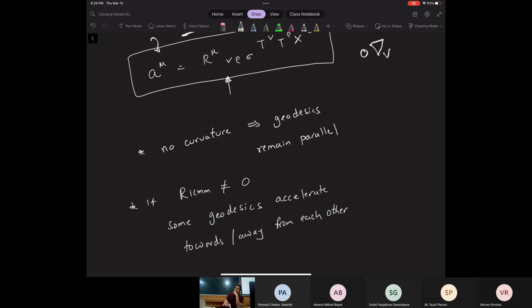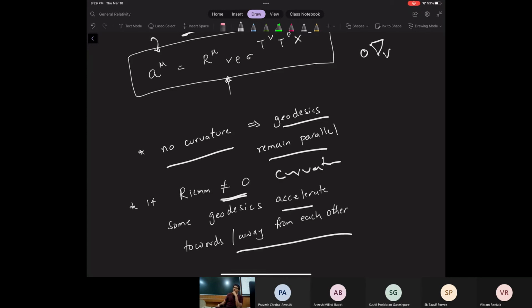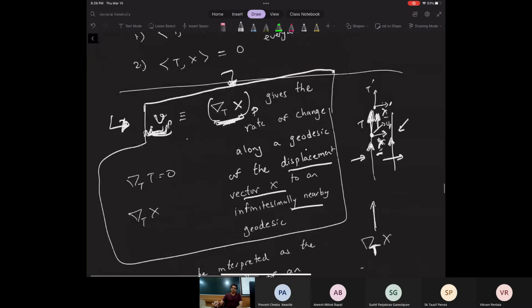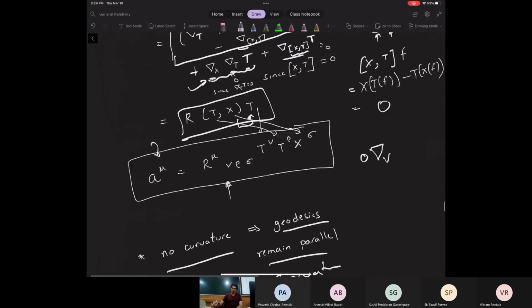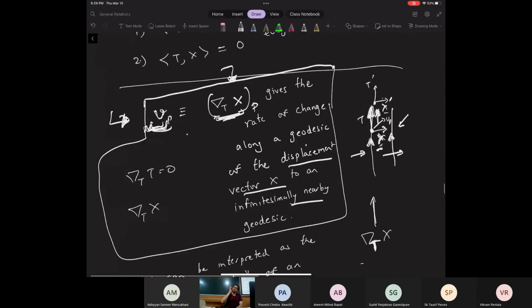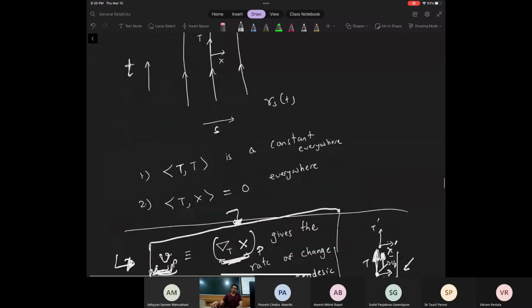So no curvature implies geodesics remain parallel, at least they don't accelerate towards each other. And if the Riemann tensor is non-zero, that is, you have curvature, then geodesics will accelerate either towards or away from each other. Okay, so that maybe is a good stopping point. Maybe we can just figure out the thing about the velocities now. Is the velocity zero on a curved space or not?